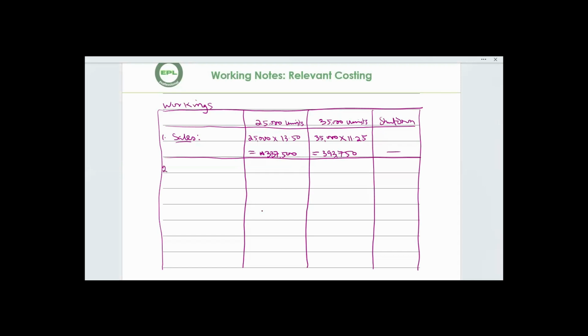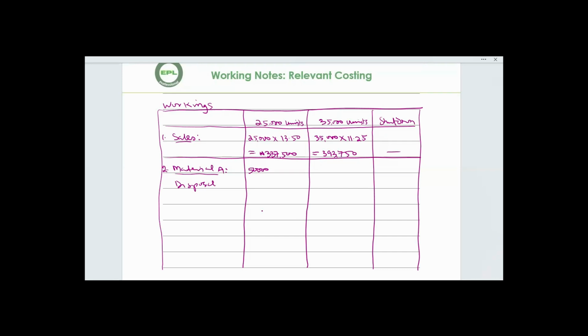So working number 2 now. Material A, disposal. How are you going to treat this? The examiner has told me that there are 50,000 kilograms of material A in the inventory. Out of this 50,000, you want to produce 25,000 units. You are not buying it.